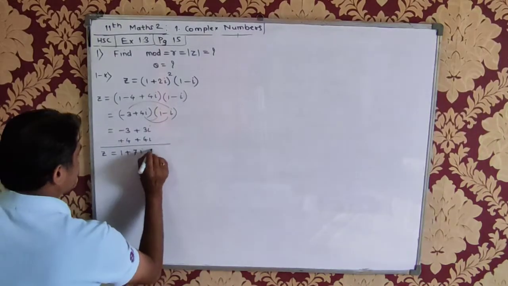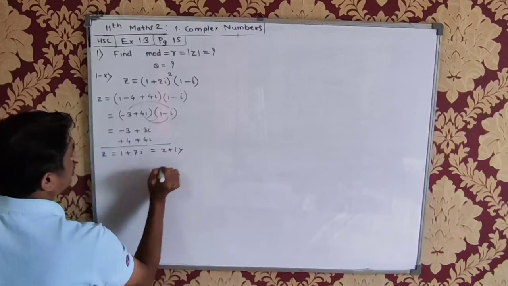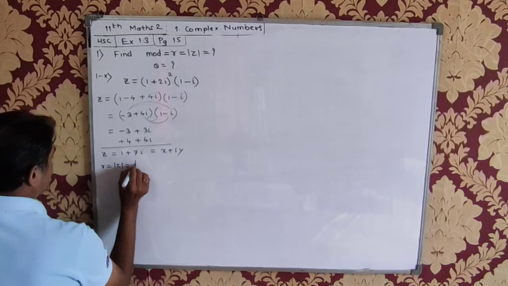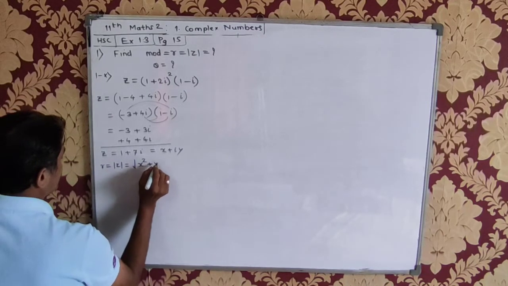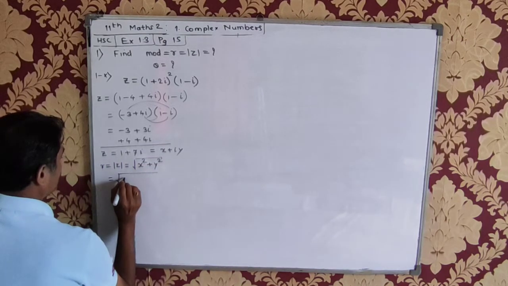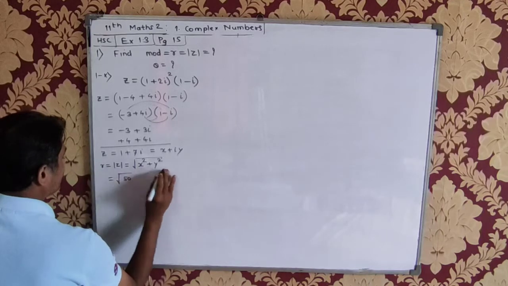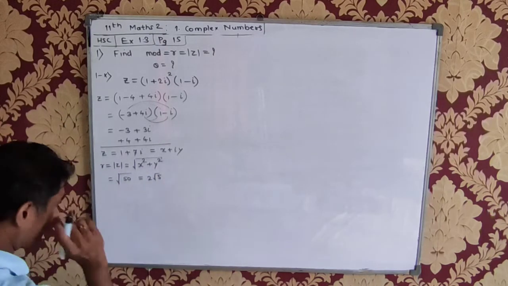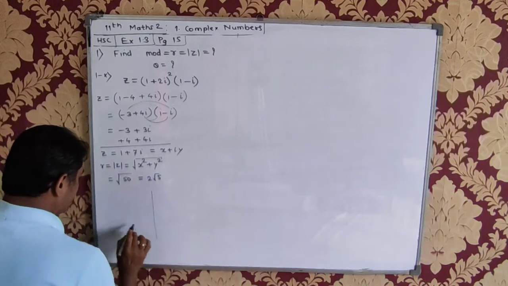That is equal to x plus iy. So r is equal to modulus of z, which is the square root of x square plus y square. That is equal to the square root of 50, root 50, that is equal to 5 root 2. Okay. Now Argand diagram.